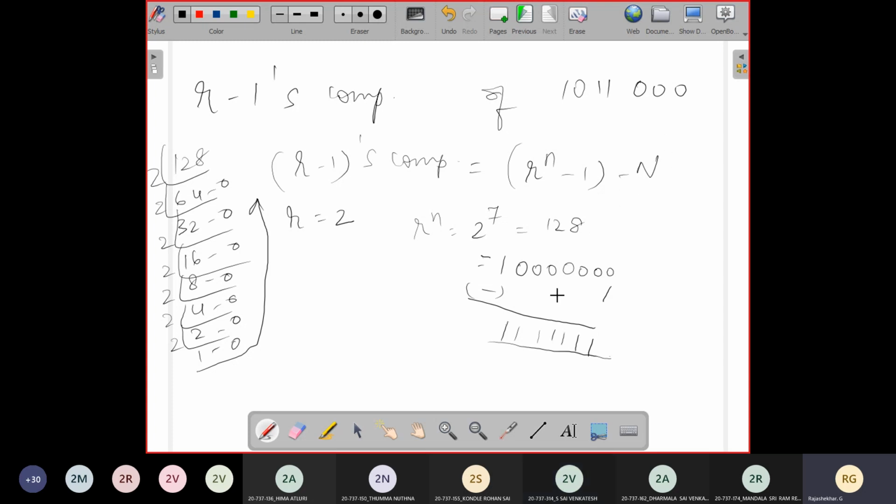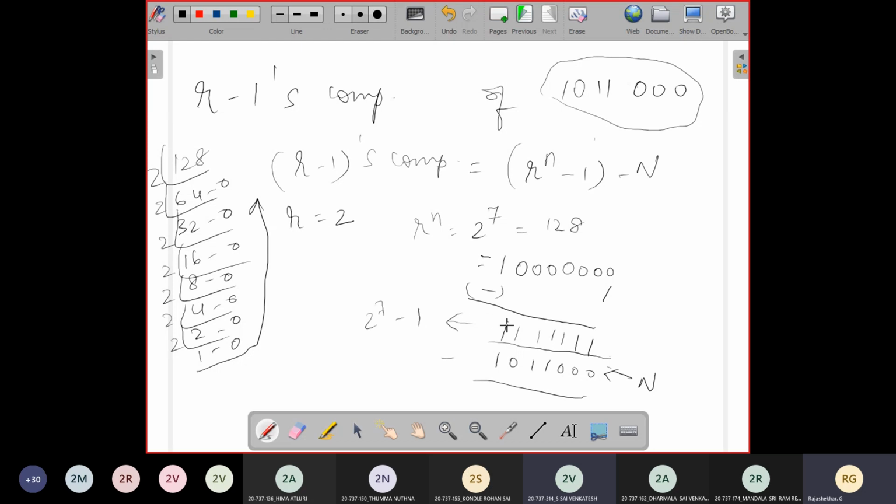From this you have to subtract the given number, that is 10 followed by 11000. This is my given number n, which is this number here. So what is this value? This is 2^7 minus 1.